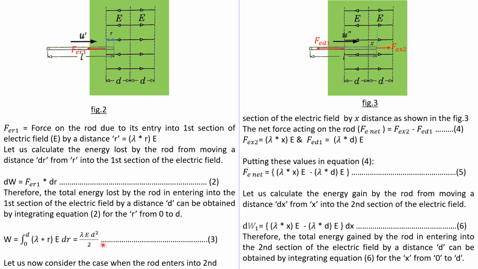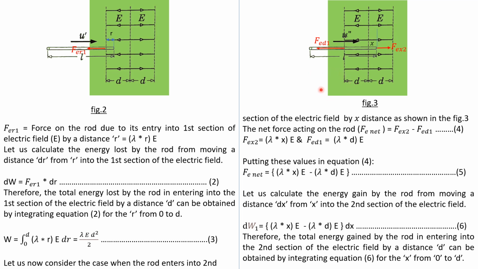The value is lambda E d square divided by 2. So this much energy is lost in entering the rod from 0 to this distance.